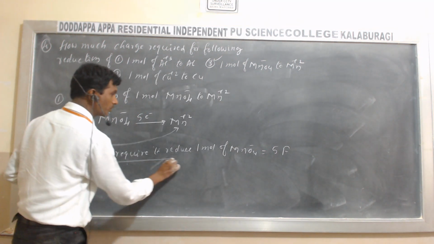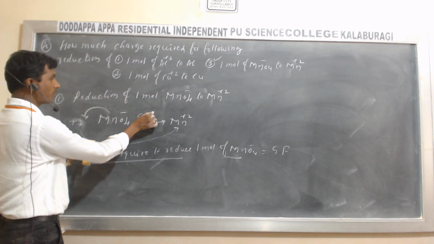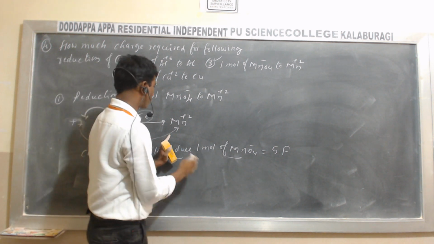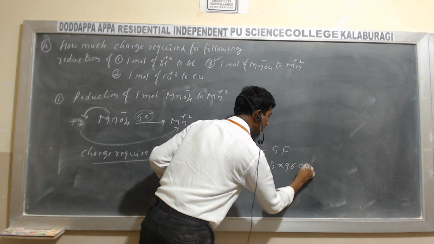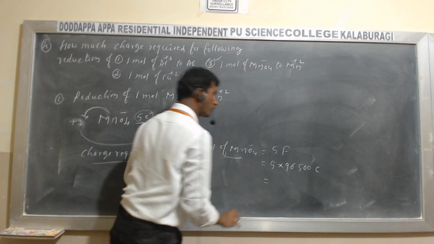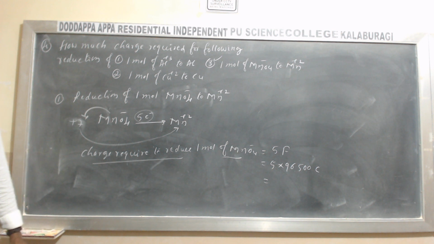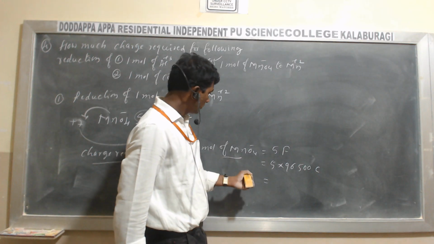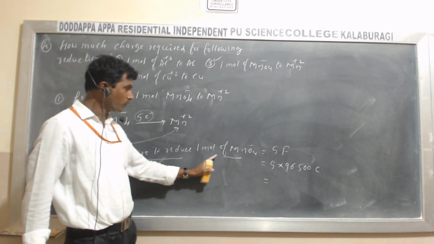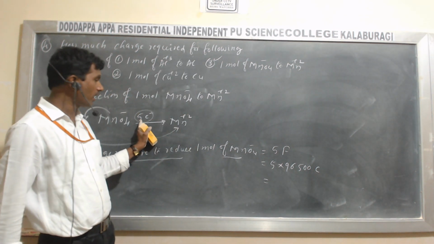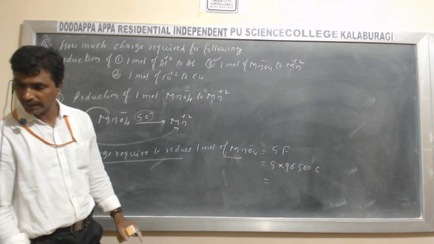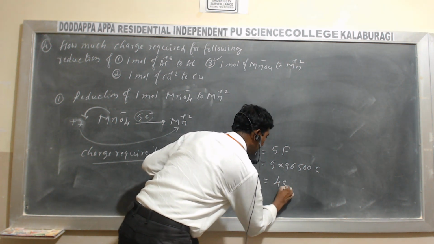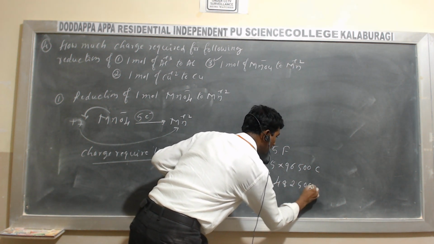The charge required to reduce 1 mole of MnO4 means 5 electrons are added, which means 5 moles of electrons. 5 moles of electrons equal 5 Faraday. 5 into Faraday is 96,500 coulomb, so 5 into 96,500 coulomb, so we can get 482500 coulomb.